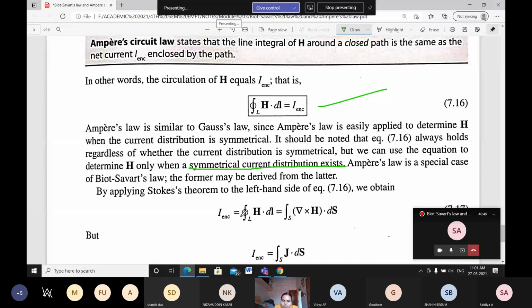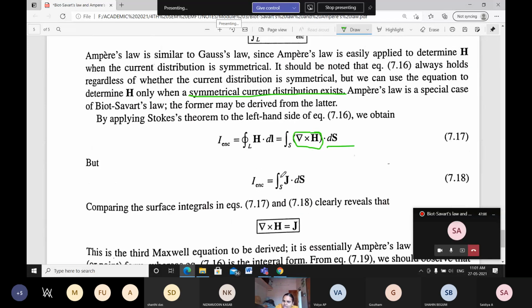Therefore, I enclosed is the closed line integral of H dot dl, which equals the surface integral of del cross H dot dS.